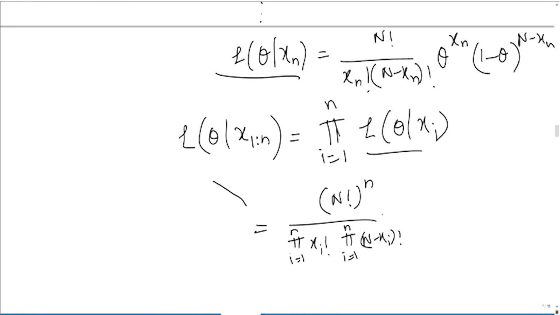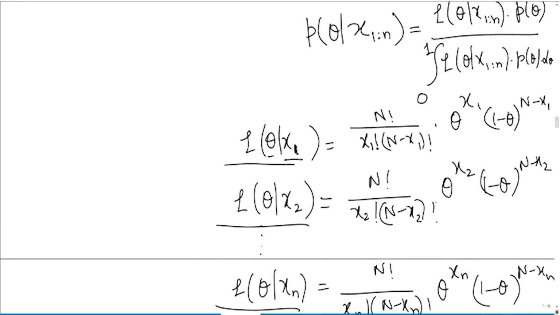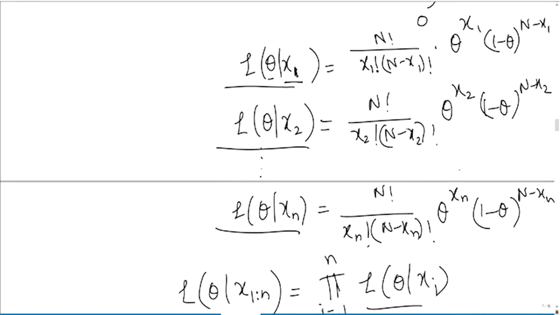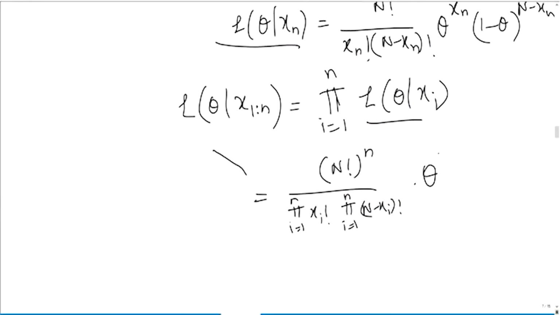Okay. And then here it is theta to the power, see. So, in the theta term what you have is theta to the power x1, theta to the power x2. If you multiply all of them, what will happen? Because these are exponents of theta, they will get added: theta to the power x1 plus x2 up to xn. Similarly, 1 minus theta to the power will also get added: n minus x1 plus n minus x2, and so on, right.